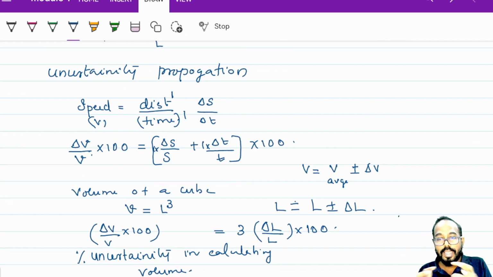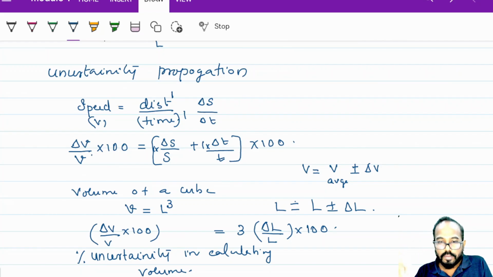Then after that, if you are getting a set of readings, a set of measurements, how will you calculate that? First, you will get the average value of the physical quantity. Then you will check how much each reading, each measurement, is deviated from that mean value. You will take the difference. So that will give the absolute uncertainty in each measurement.